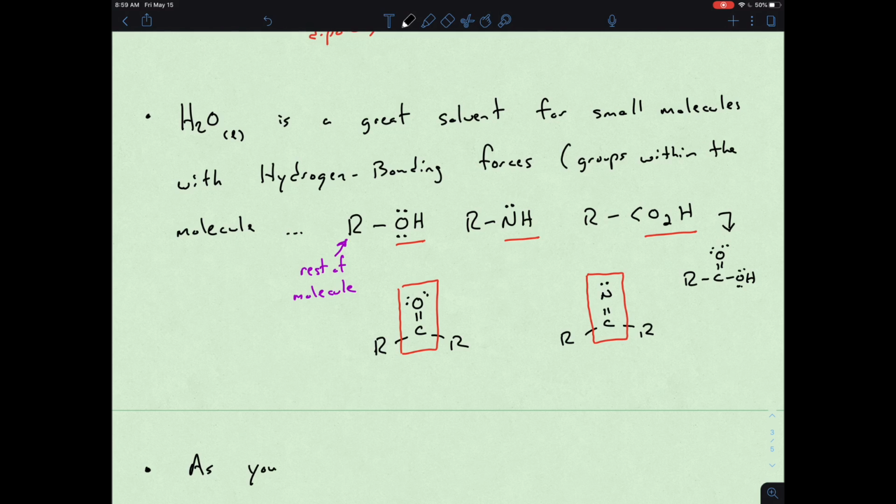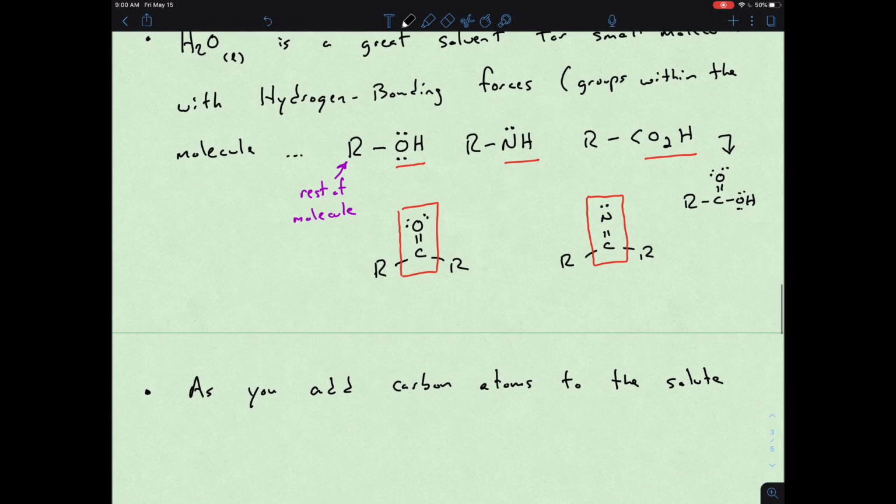As you add carbon atoms to the solute, we start to see less solubility, or less H2O solubility is observed.